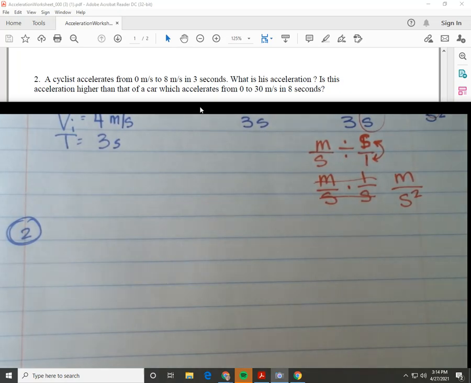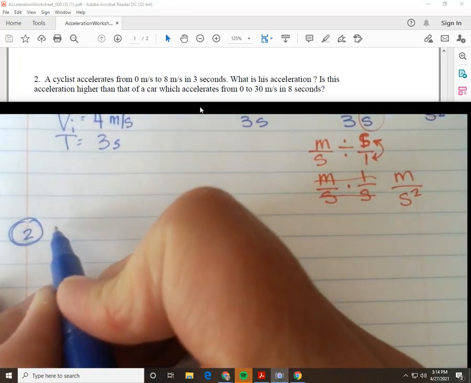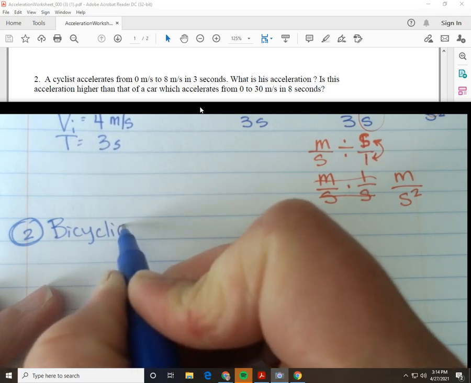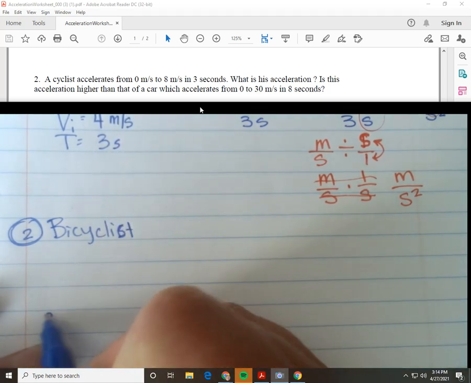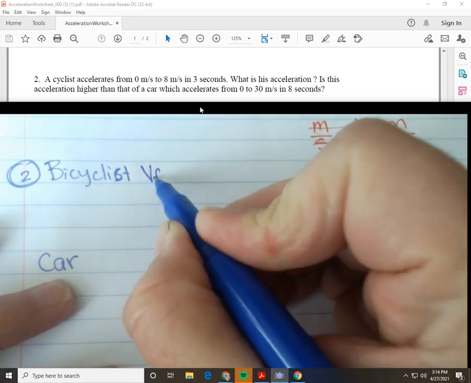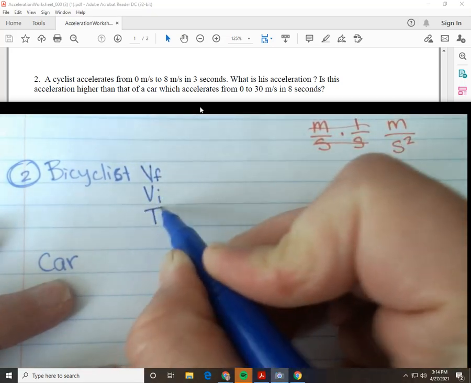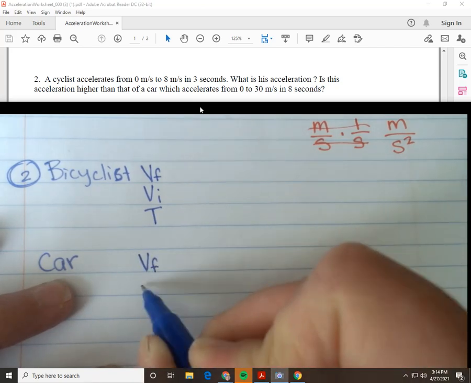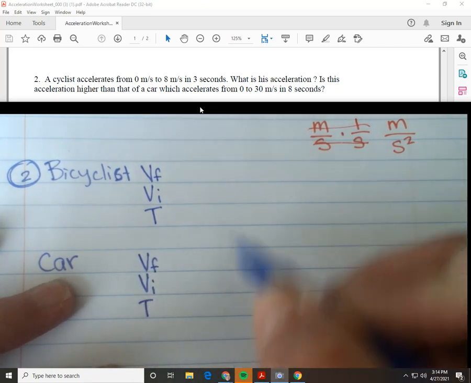So in this one, we're going to compare 2 things. So I'm going to separate my problem and say bicyclist and car. Okay, so our bicyclist is going to have a final velocity, an initial velocity, and a time. Okay, our car is going to have a final velocity, an initial velocity, and a time.